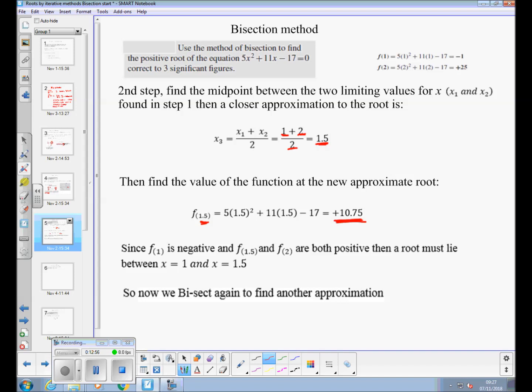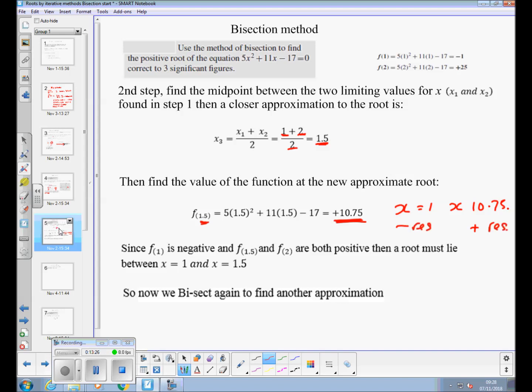We now know that the result is between x is equal to 1 and x is equal to 1.5, because when 1 is negative, minus result, 1.5 is plus result. So our best guess now is 1.5.